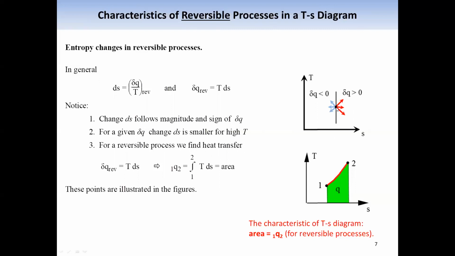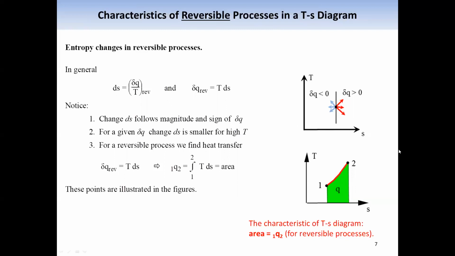And if it's pointing to the left, then we know dq is smaller than 0. It's mainly because if it moves to the left, ds becomes negative, so dq is negative. This is understandable. This concept will be used in many cases in the subsequent discussion.